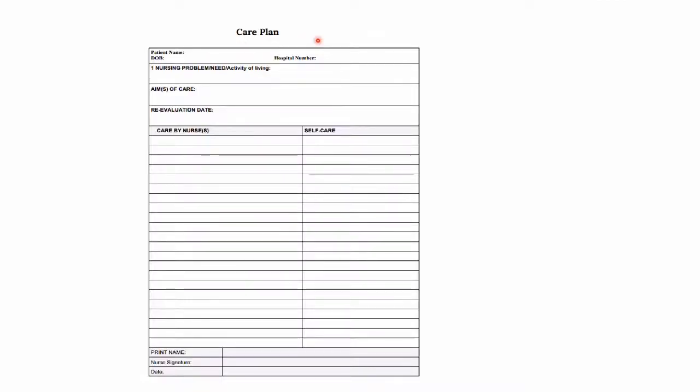So an example here: name, date of birth, and hospital number are already there. Then the nursing problem, using what we did earlier. You could write, Mr. X has risk for malnutrition related to diabetes, or related to poor nutrition intake, evidenced by a malnutrition score of, depending on what you got.